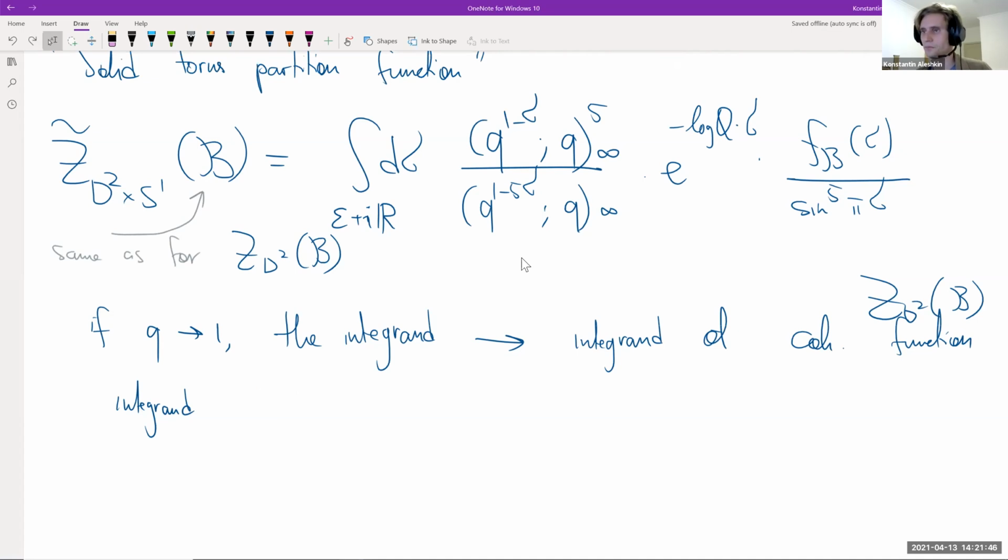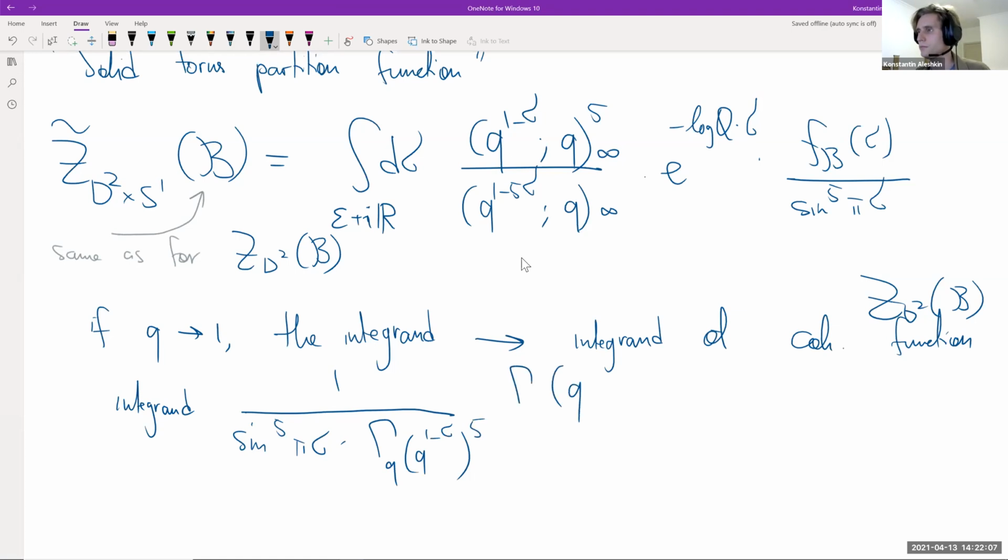So it's 1 over sine to the power 5 of pi sigma, times gamma q of q to the 1 minus sigma to the power 5, gamma q of q to the 1 minus 5 sigma. And then there is the usual exponential factor and the brane factor.